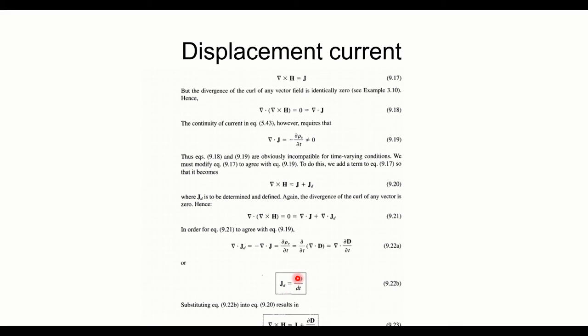D is the electric flux density. So the displacement current density JD is equal to dou D by dou T.